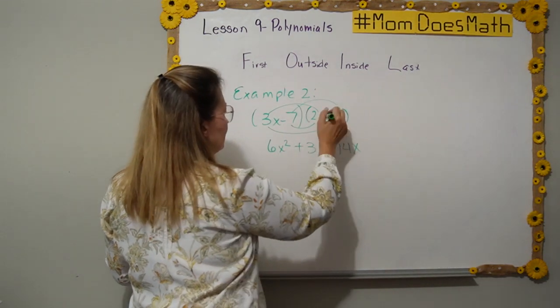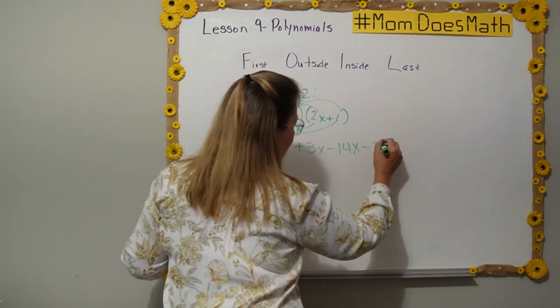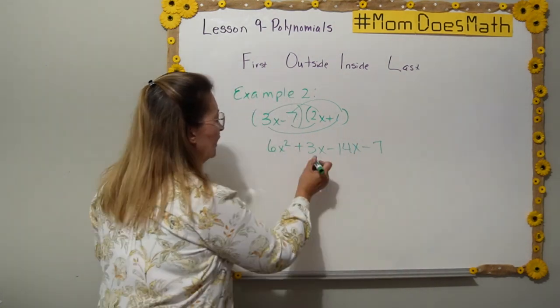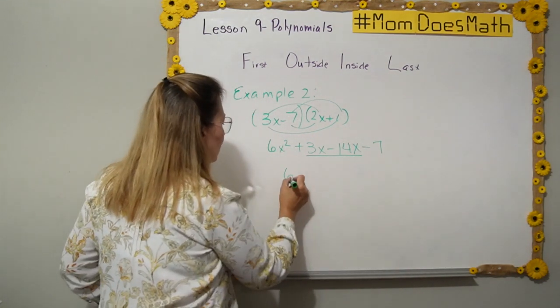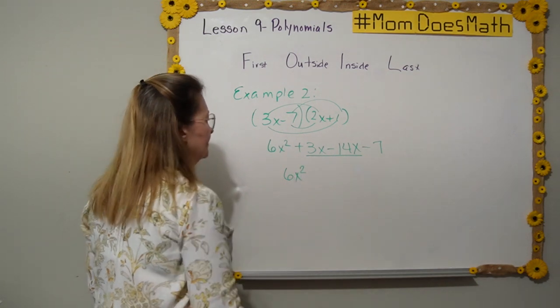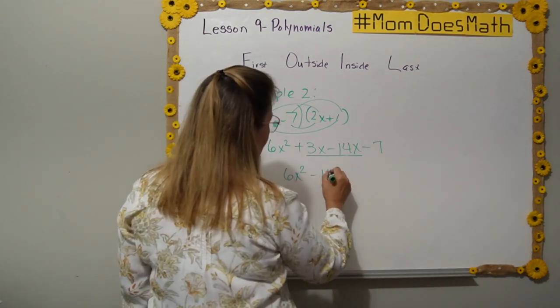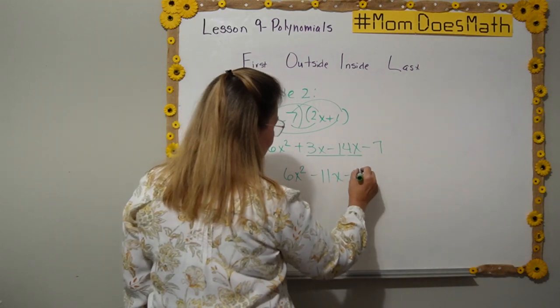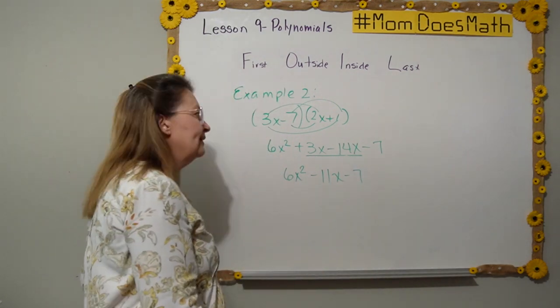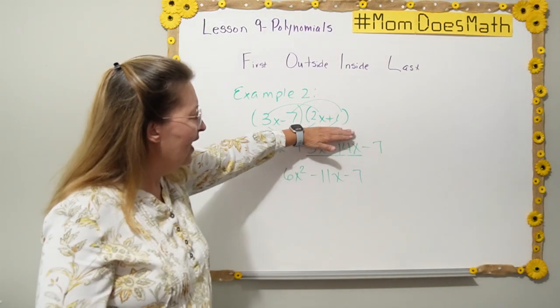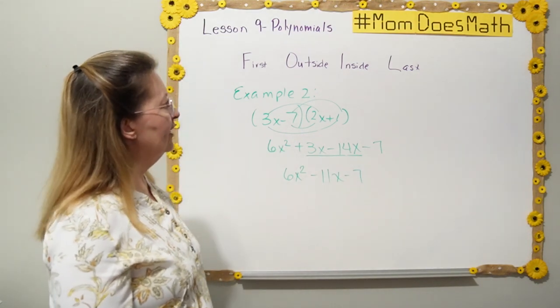And then your last two, minus 7 times 1, be minus 7. Now you got to combine your O and your I terms. So now you have 6x squared, and positive 3 minus 14 is going to be minus 11x minus 7. Once again, binomial times binomial got you a trinomial.